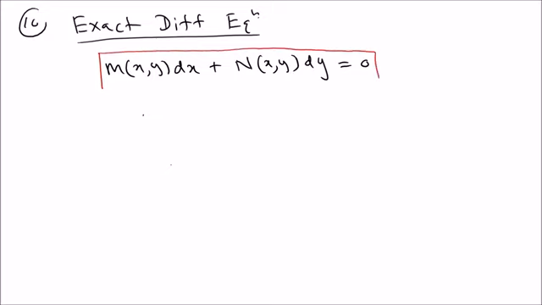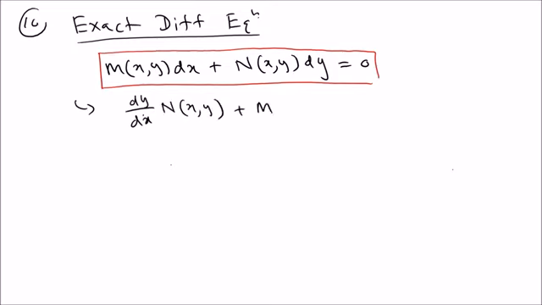For example, if you divide the equation by dx, you can write this same equation in this form as well. I'm going to write it down here because I need some space. By dividing by dx, we can write this as dy over dx times N(x,y) plus M(x,y).